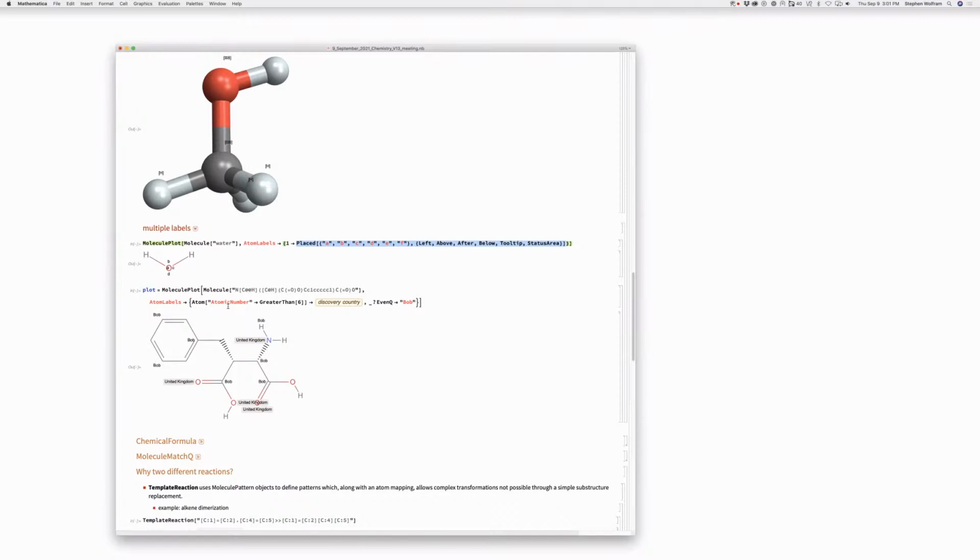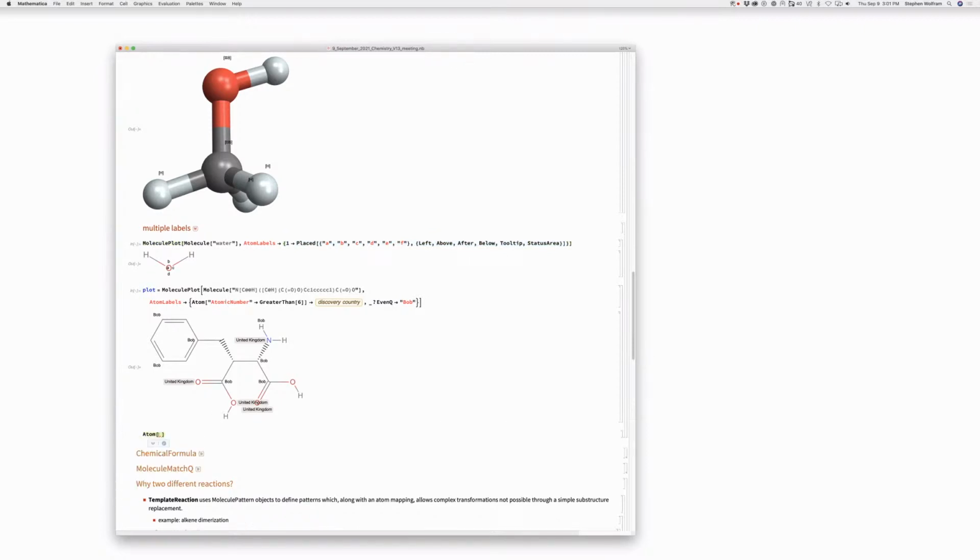But the reason this is problematic is that the official pattern for this would be: what is the atom? It will be atom of whatever the element is, and then it would say slash semicolon, atomic number of elements greater... well, it would be more like molecule property of atomic number, and that whole thing greater than 6.